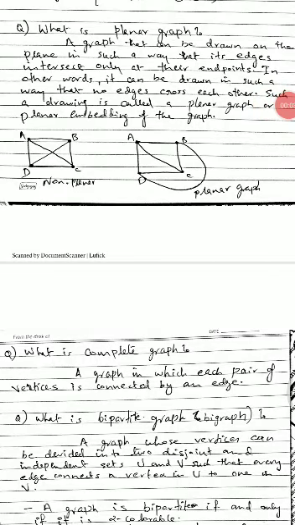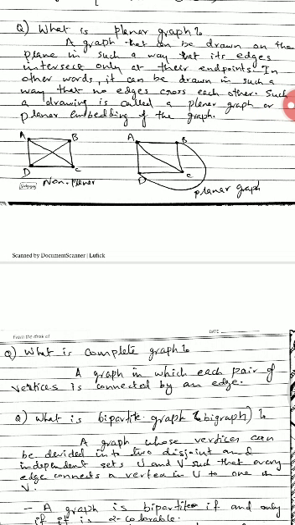Before moving to the next topic on approximation algorithms, we have to discuss certain terms about graphs. The first topic we have to discuss is what is a planar graph.